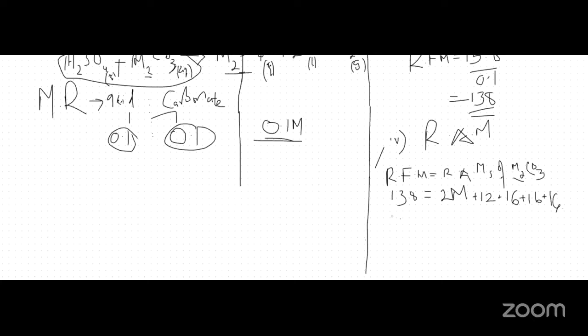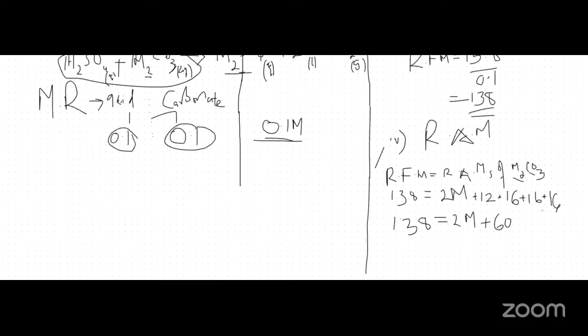So 138 is equal to 2m plus 60. Right? Yes.